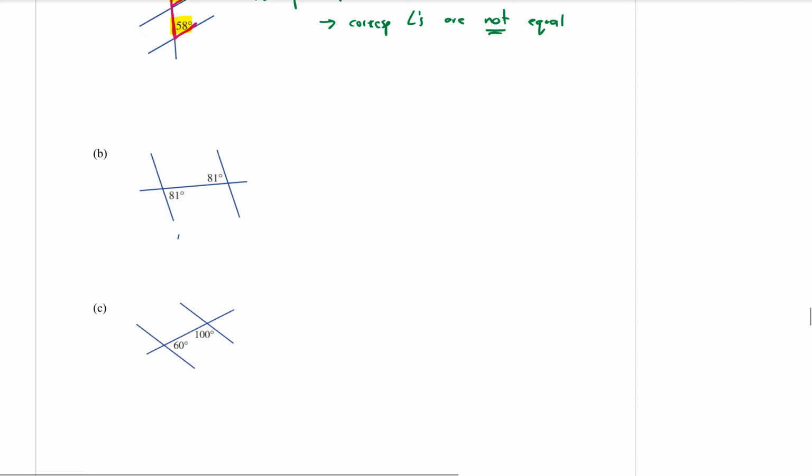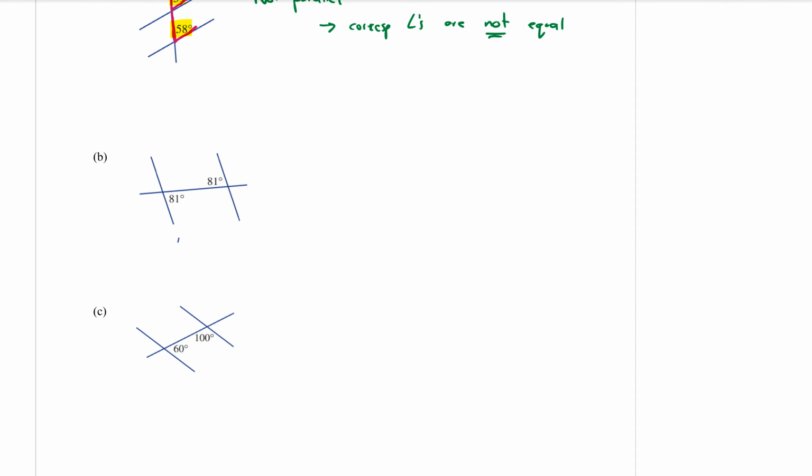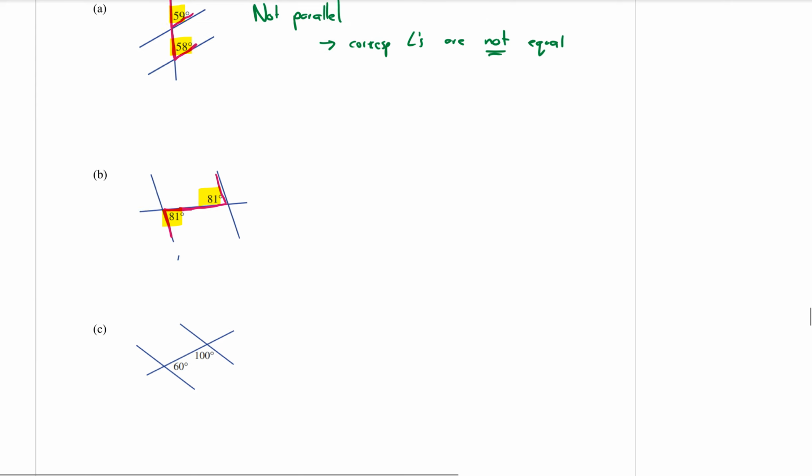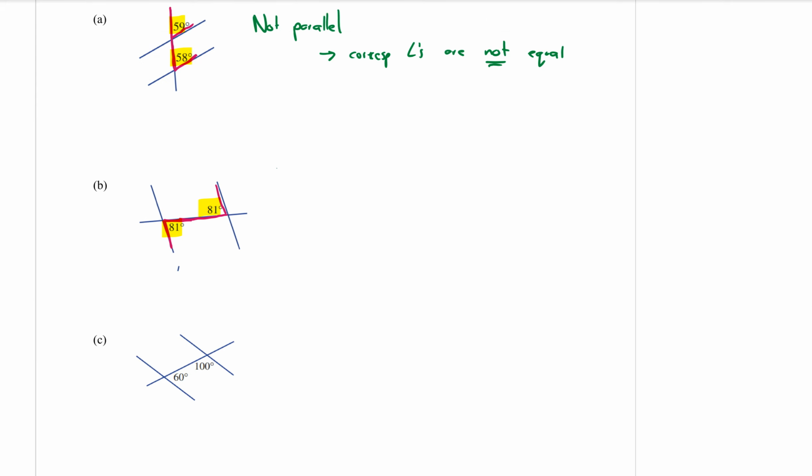Let's try that again for B. If I draw the arms on there, I have 81 there and another 81 there, making a sideways Z shape. That's alternate angles. They should be equal, and they are. They are 81 and 81. So that means that yes, these lines are parallel.